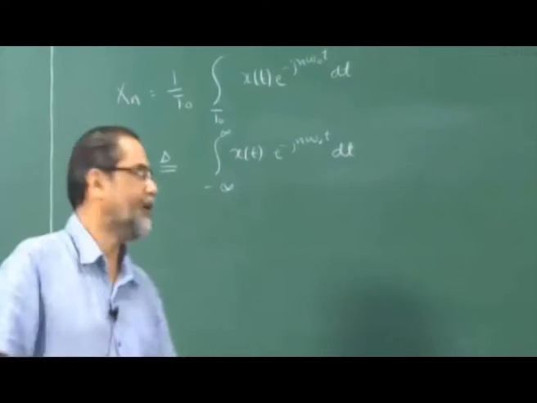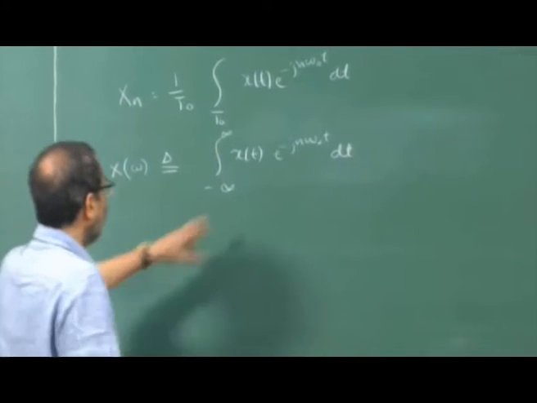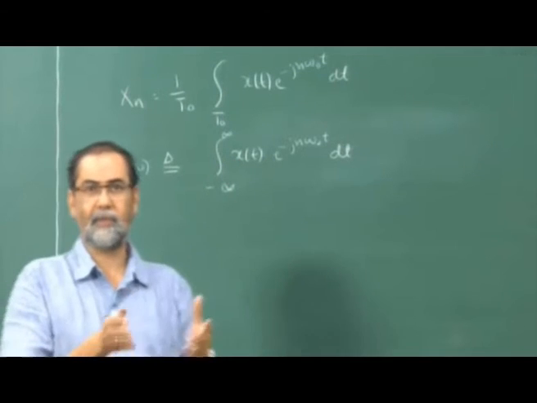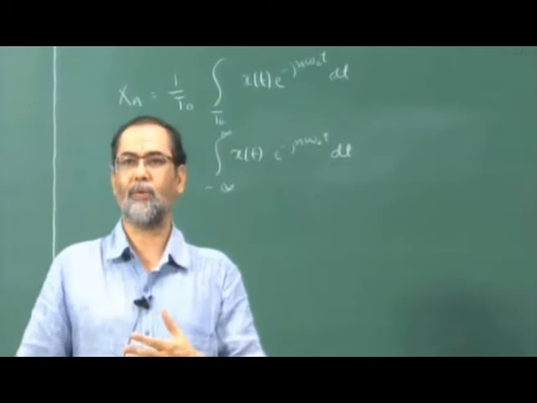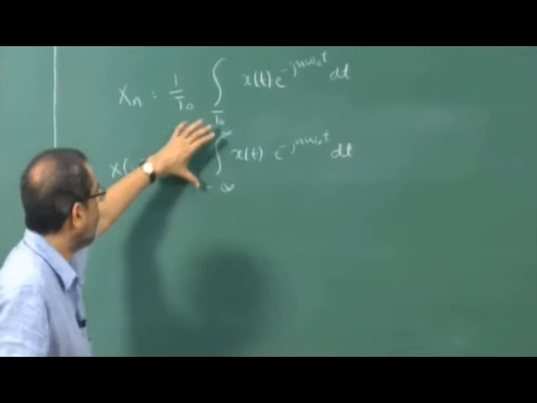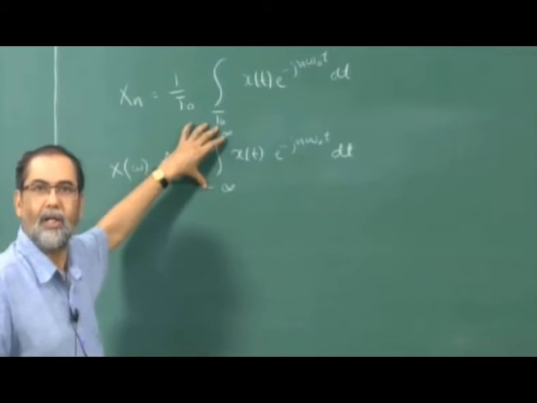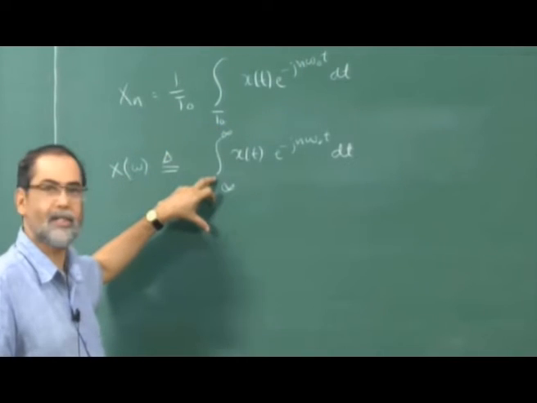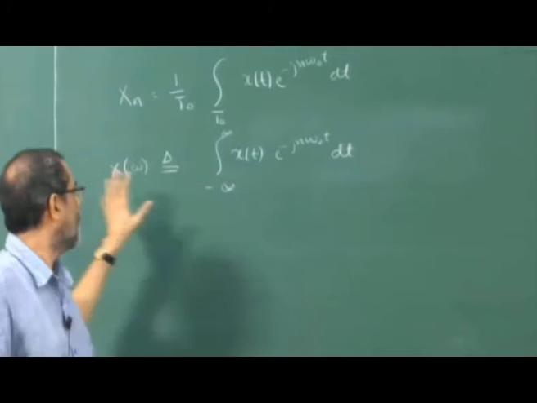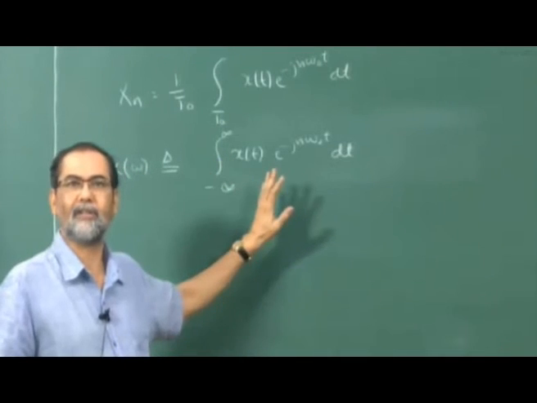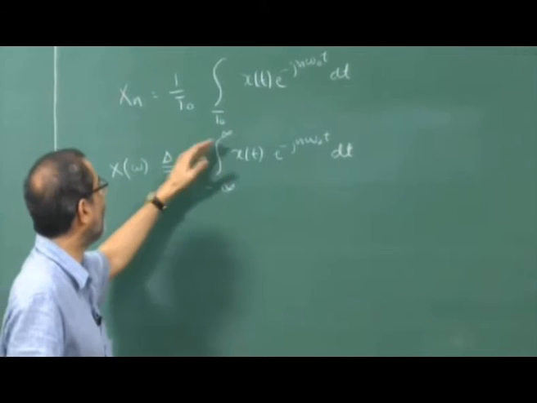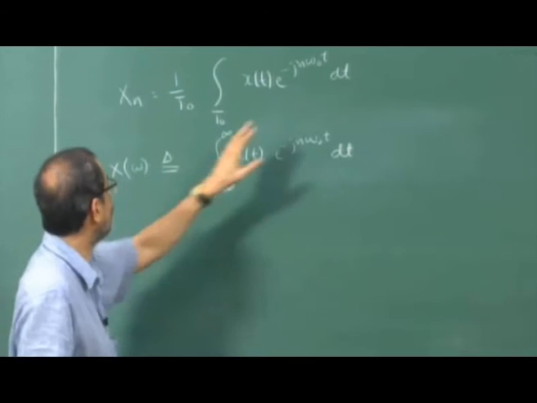I make use of the idea here that x of t is limited between minus t naught by 2 to plus t naught by 2, and it is 0 elsewhere. So the limits can be taken to be from minus t naught by 2 to plus t naught by 2 instead of minus infinity to plus infinity without altering the definition. When I do that, you can see that this becomes similar to xn.